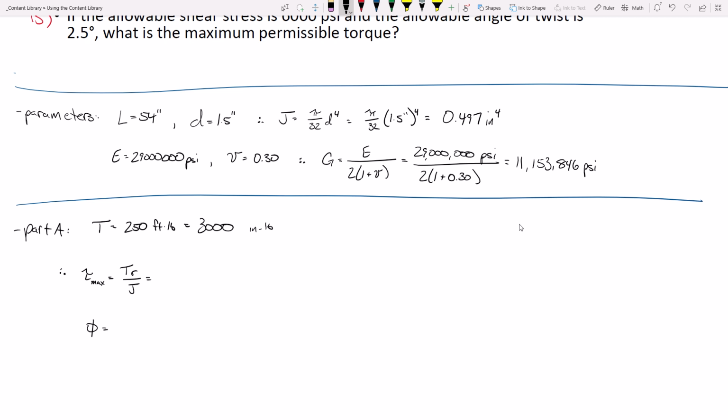If I'm talking about the circular shaft that I twist, the extreme fiber is the outer edge. So TR over J. What's R? Well, what's the diameter of the shaft? 1.5 inches, so 0.75.